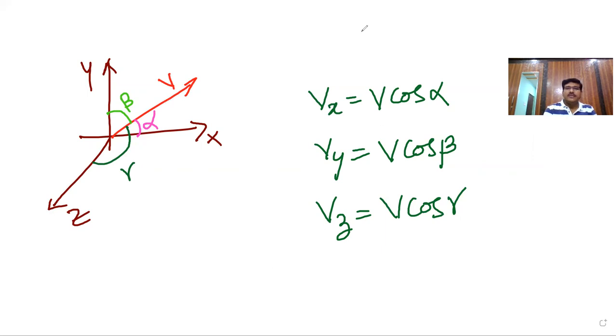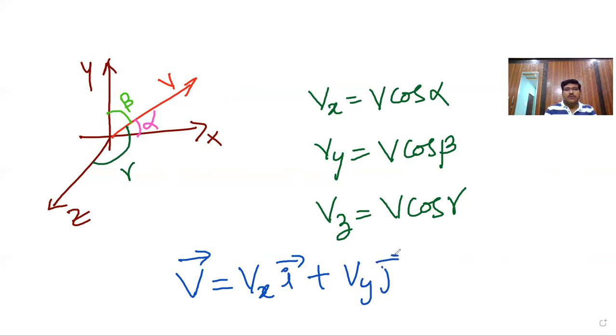Now, if I represent the velocity in vector notation, v bar is Vx i bar, unit vector along the x direction, plus Vy j bar, unit vector along the y direction, plus Vz k bar, unit vector along the z direction. Z is vertically up. Clear?